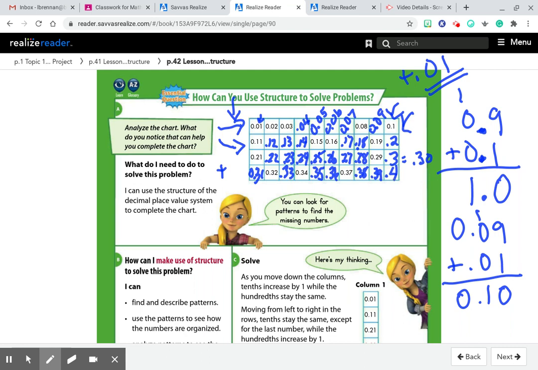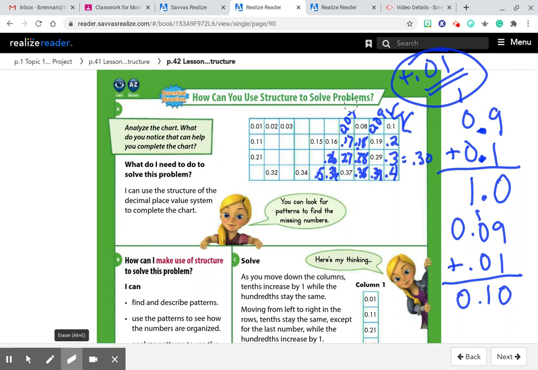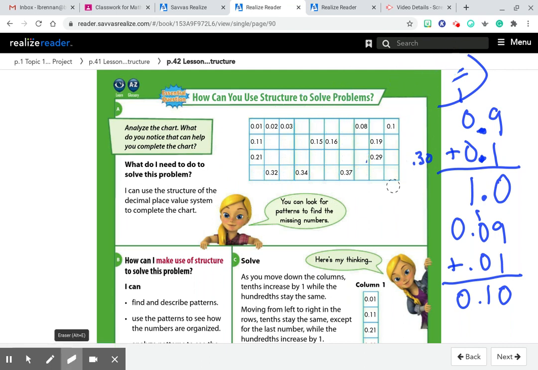So using structure to solve problems, looking to see what our value increase would be, knowing that it's increasing going down and increasing going across. Be aware. As you read down, you'll see as you move down the columns, tenths increase by 1, while the hundredths stay the same.